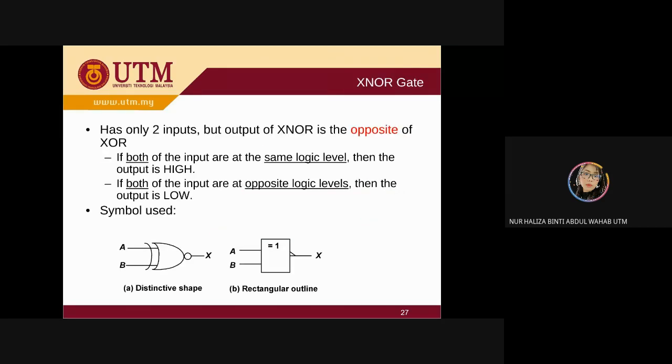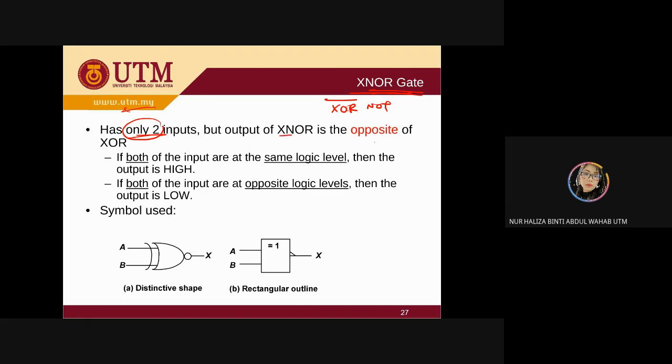And now we go directly to our XNOR. For our XNOR, we can see that we have only 2 inputs also, as mentioned in the previous slide. What is the difference? XOR bar, which means you have another NOT gate, so it's called XNOR.